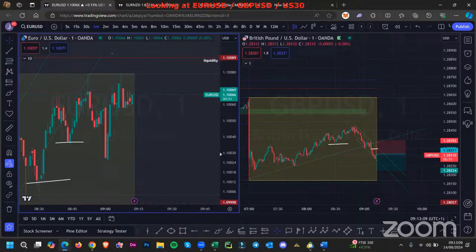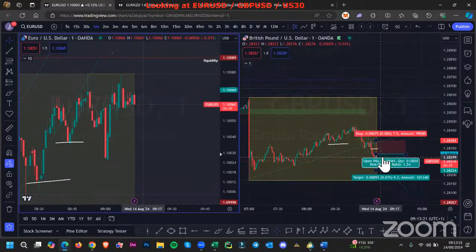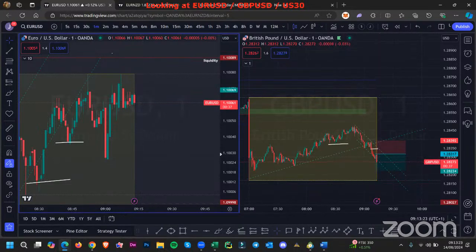I am still in for the buy, but very, very tightly protected in regards to where my stop is. I'm going to get into GU after seeing the way it's moving, placing my stop in a safe place. So it's a small position.